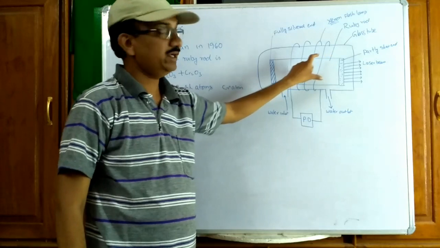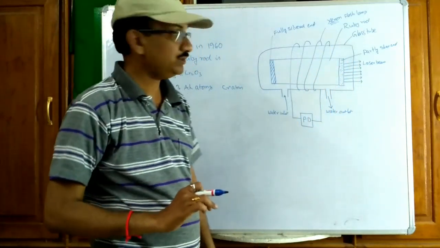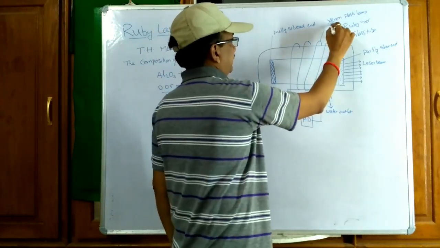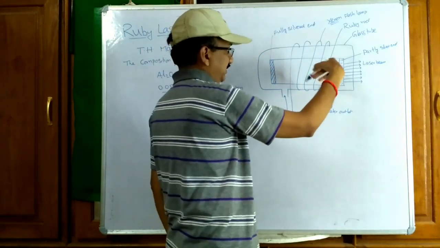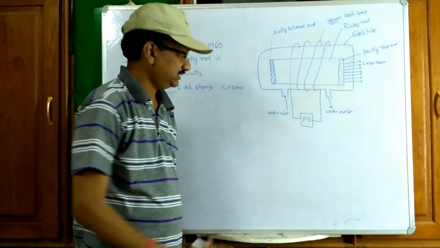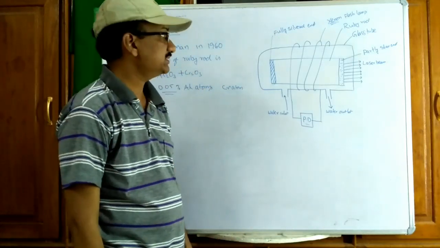Keep this ruby rod in a glass chamber or glass tube. Then take a xenon flash lamp surrounded around this glass tube and connect it with a high potential difference.